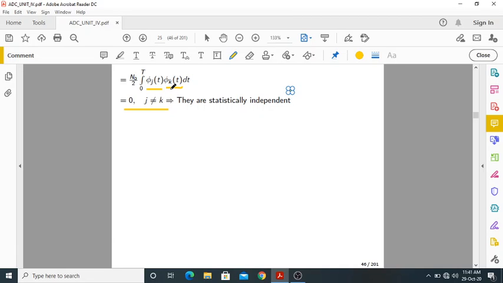All the basis functions are orthogonal to each other. When j equals k, it is the same basis function, so integration 0 to t of phi j of t whole square equals 1, leaving n naught by 2. But when j is not equal to k, their inner product will be 0 because they are orthogonal.